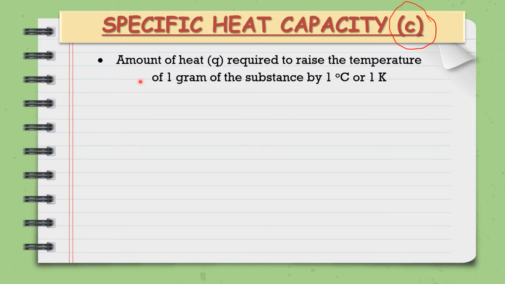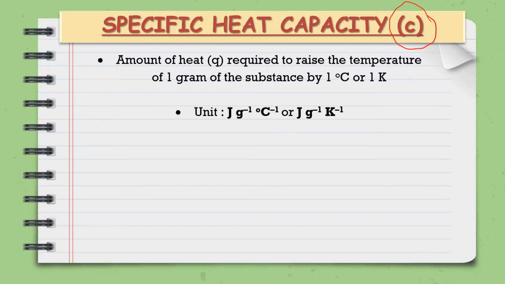Okay, for heat capacity, we want to know the amount of heat needed to increase the temperature by 1 degree Celsius or 1 Kelvin. But when we talk about specific, we want to know the amount of energy needed for us to increase the temperature of 1 gram of some substance.